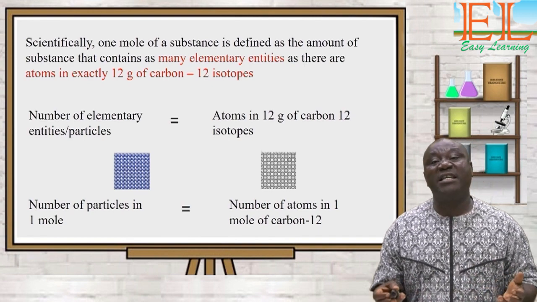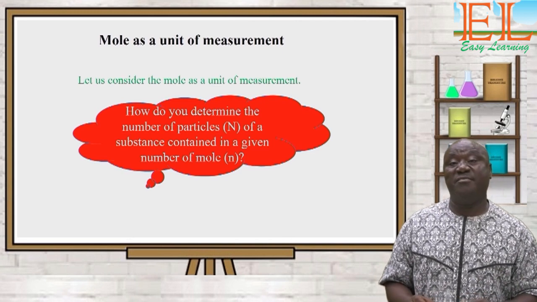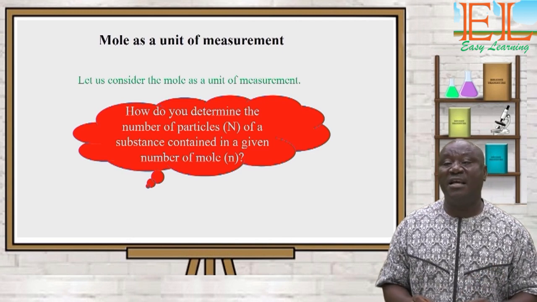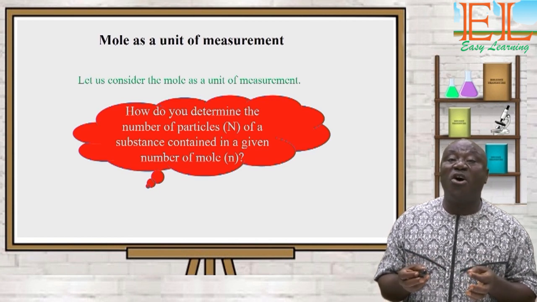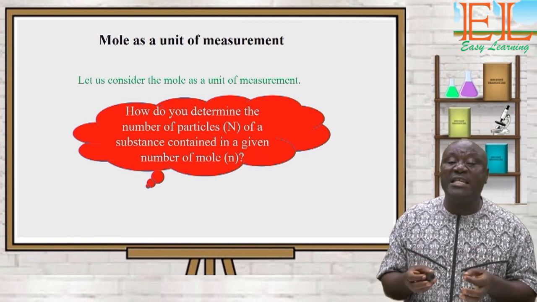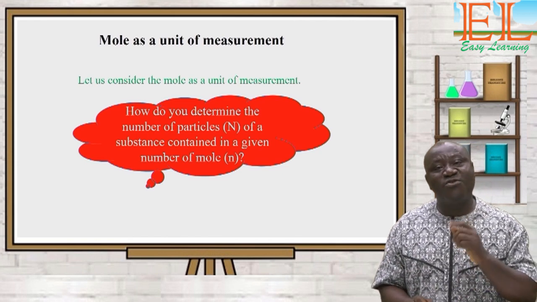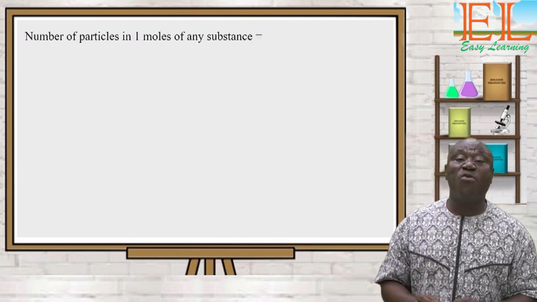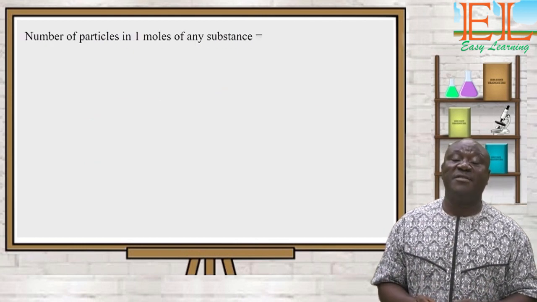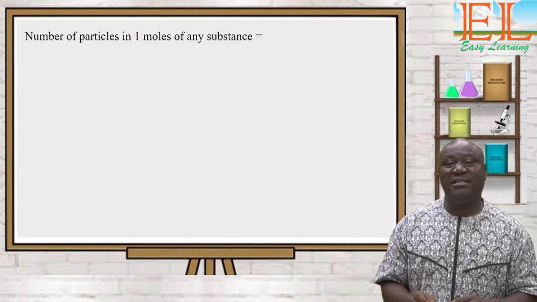Let us turn our attention to a mole as a unit of measurement. And let me ask, how will you determine the number of particles of a substance contained in a given number of moles? Let's go through this exercise together. Now, if I give you 1 mole of any substance, how will you determine the number of particles present?